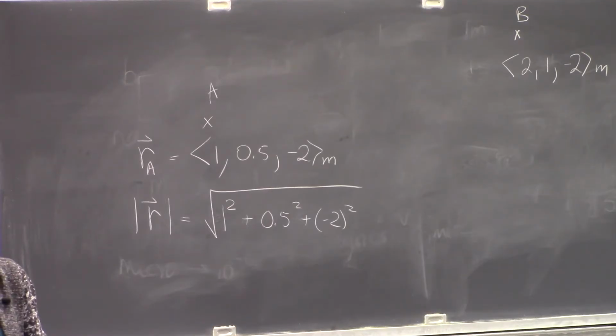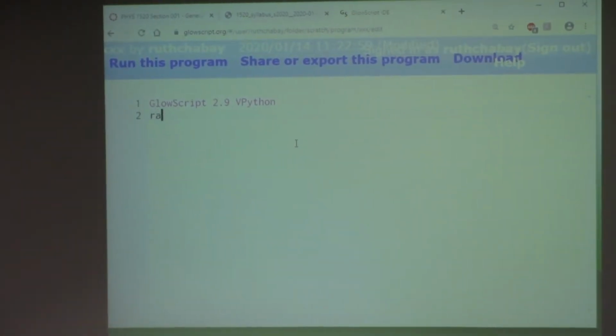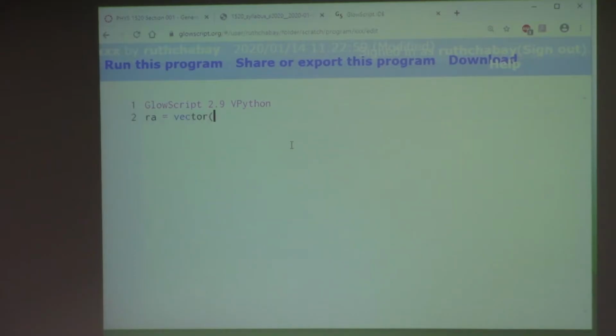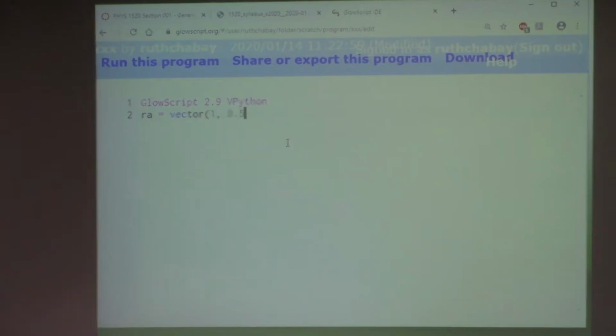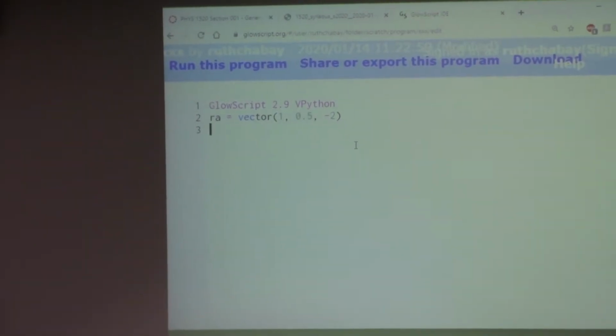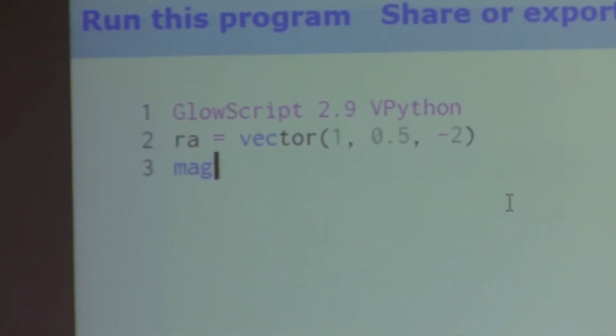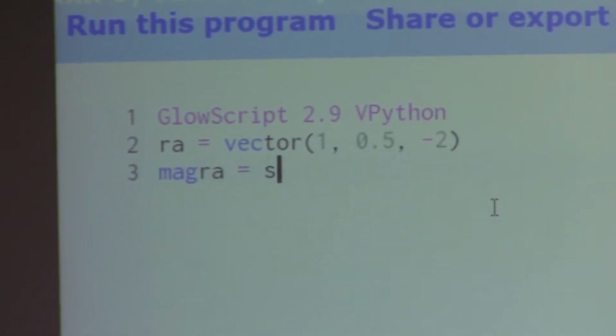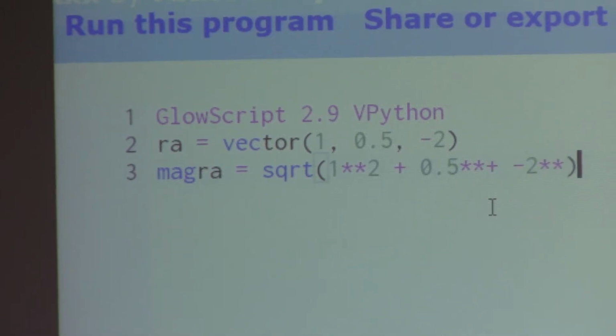So r_A is the vector (1, 0.5, -2). The magnitude of r_A is the square root of 1 squared plus 0.5 squared plus -2 squared.